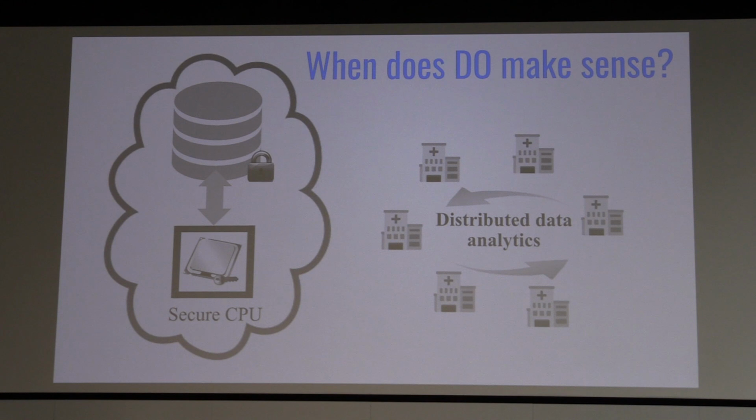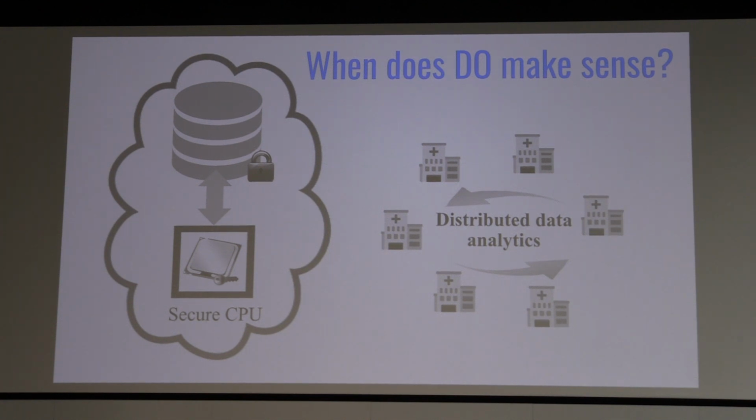So DO stands for differential obliviousness, right? Recall in the hospital application I mentioned earlier, the whole intention of this clinical study is to release some useful statistic to the public. If you don't do that, you don't have any utility, and that defeats the whole purpose.